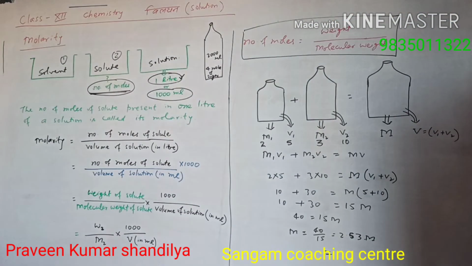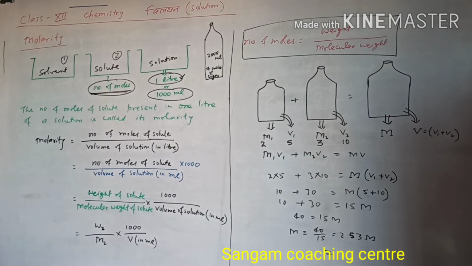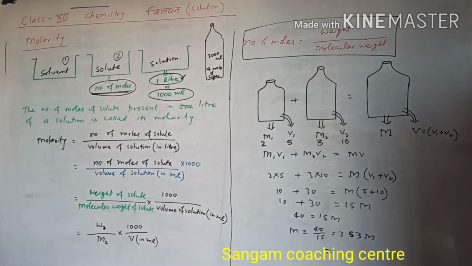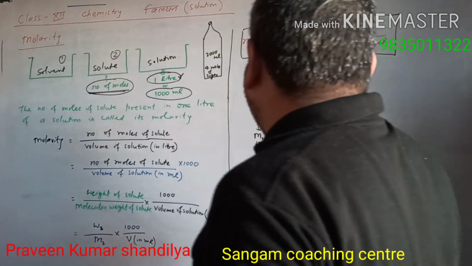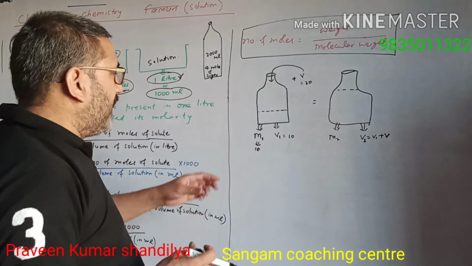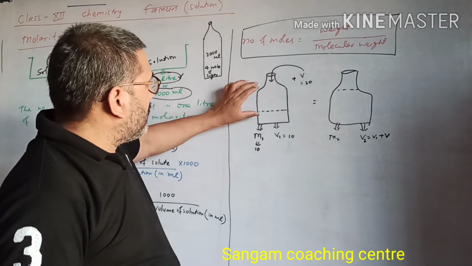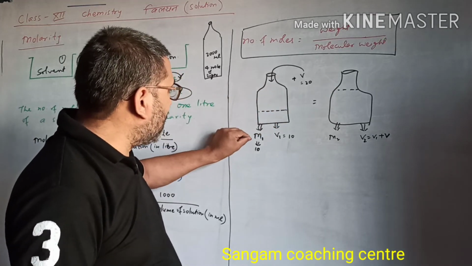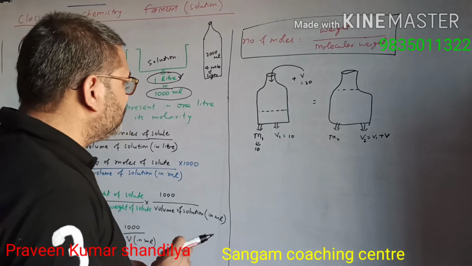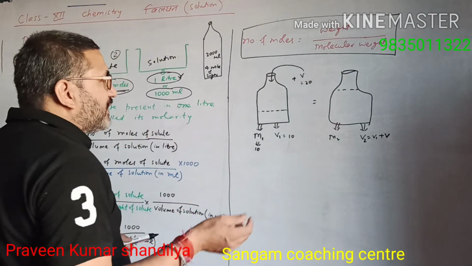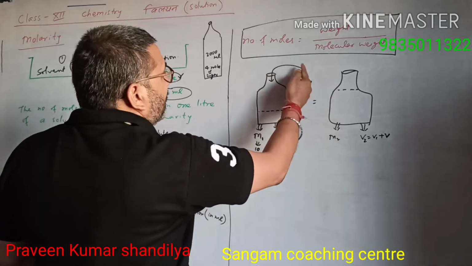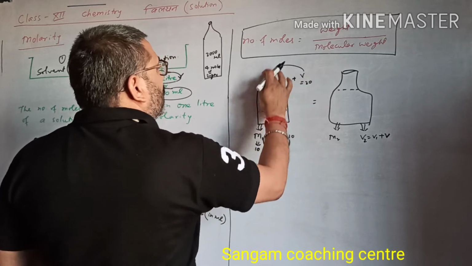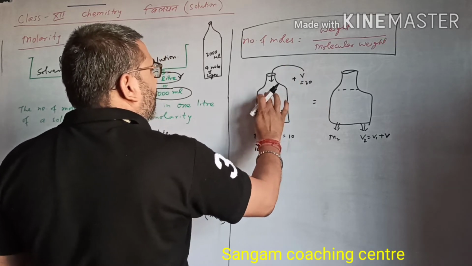Let's take another magic. I have a syrup whose volume is V1 and its mithas, its sweetness, is 10 M. A naughty boy added some water in it, that means 20 milliliter water added in it.